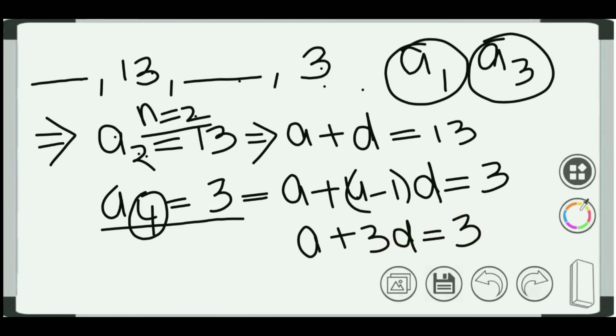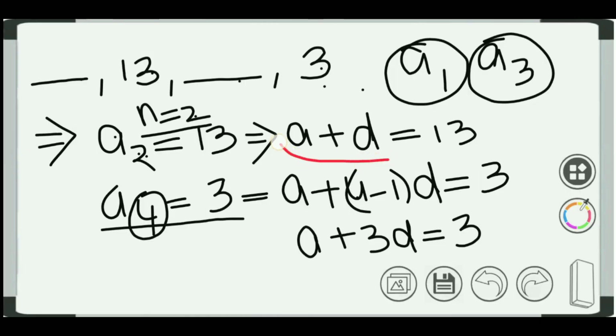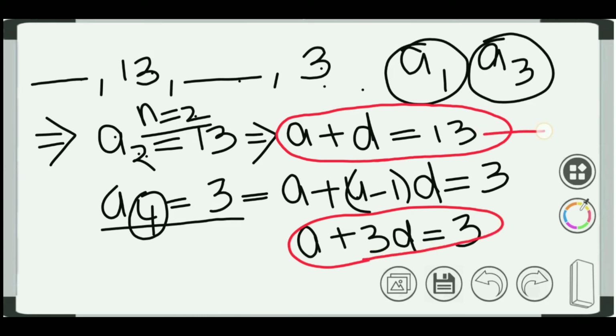Now I got two equations: a plus d equal to 13 and a plus 3d equal to 3. These two equations are linear equations in two variables, but instead of x and y we have a and d. So we will solve it by the elimination method. A plus d equal to 13, a plus 3d equal to 3.